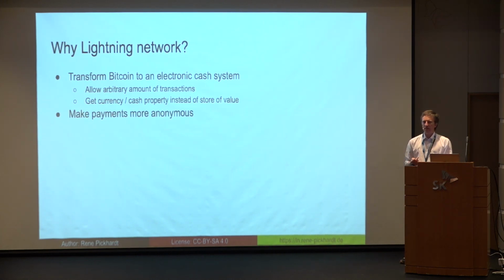There is an improvement in terms of anonymity because Bitcoin, even if used properly, where each and every single transaction generates a new address, is still traceable. All the transactions are still visible in the chain, and you can follow the money flows. People are trying to use mixing services and some additional anonymization techniques, but it doesn't work that well.